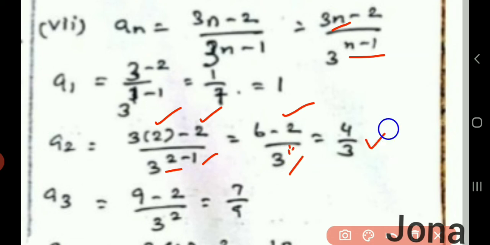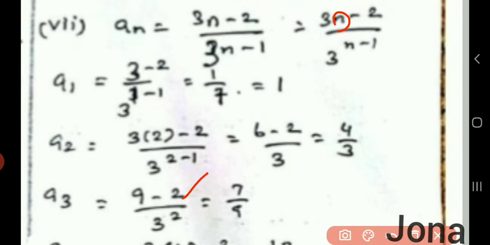So 4 by 3. We got the answer for a2 as 4 by 3. And then for n equal to 3, here 9 minus 2 divided by 3 power (3 minus 1), that is 3 square. So here 7 by 9.